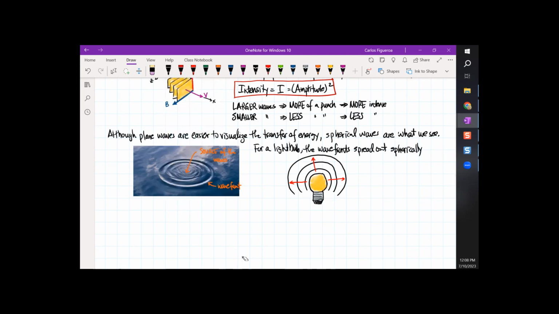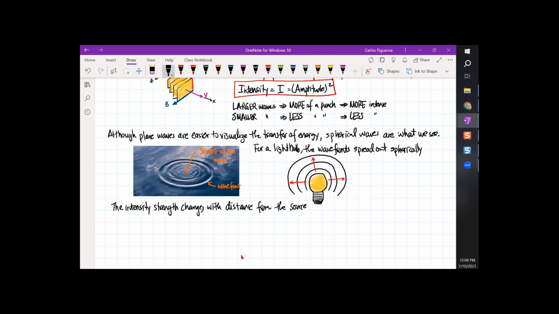So we could say that the intensity strength changes with distance from the source.